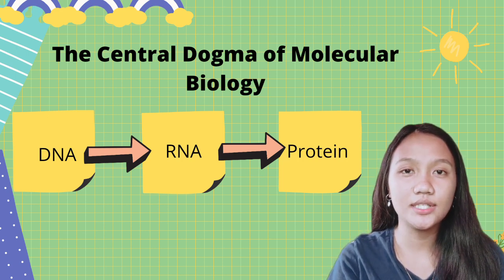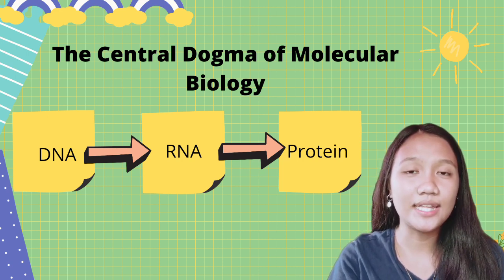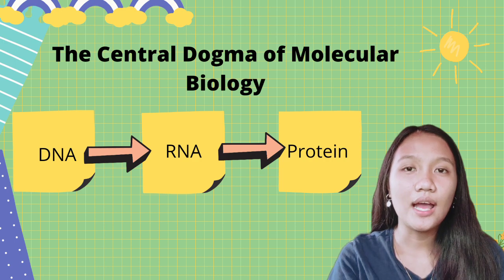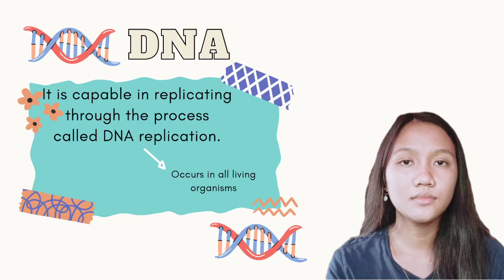Basically, us humans, all animals, plants, and other living things have cells that have DNA or deoxyribonucleic acid as our genetic information. It usually travels from DNA to RNA, RNA to protein.